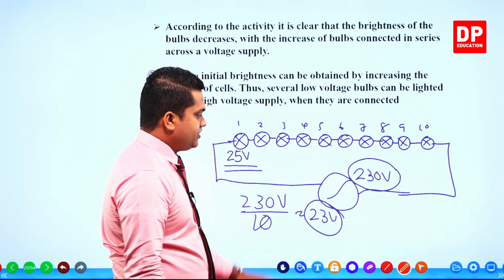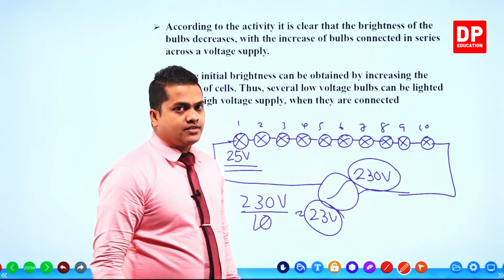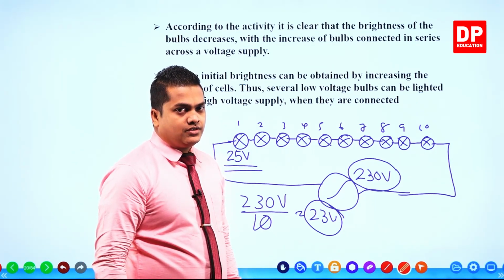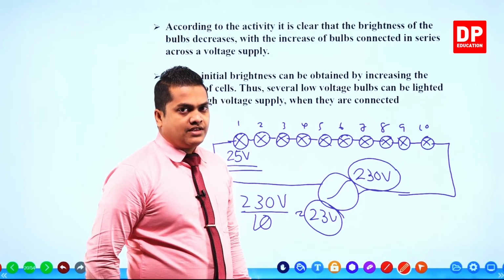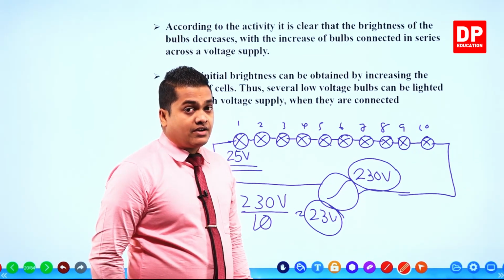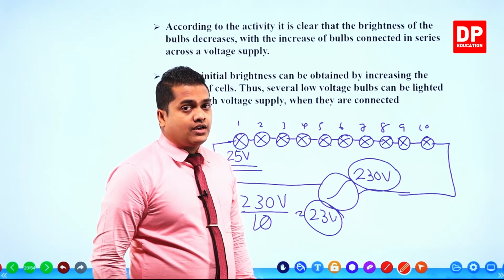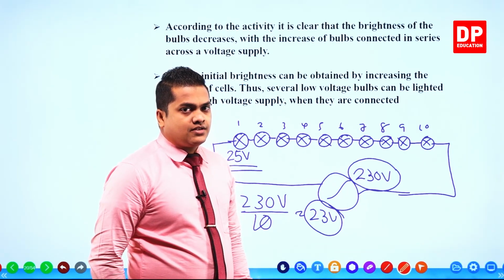So this is what is going to happen. If you connect one, then that is going to blast for sure. It's going to burn for sure. But if you connect 10 of these bulbs, then we can work with our household electricity. But remember, they should be connected in a series connection, not a parallel connection.